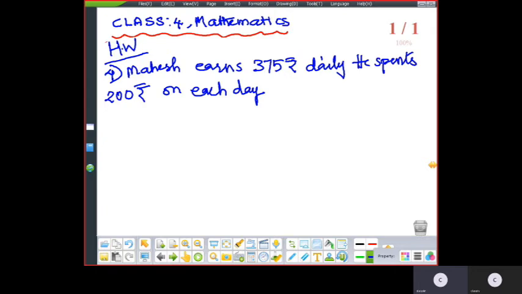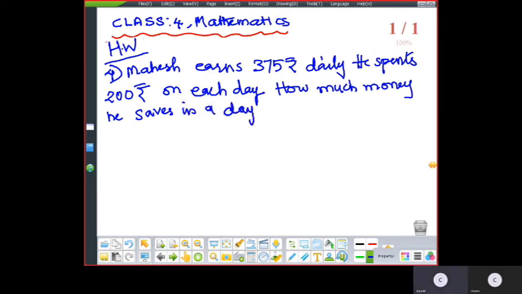So how much money is he spending? 200 rupees he is spending on each day. How much money does he save in a day? Okay, children?